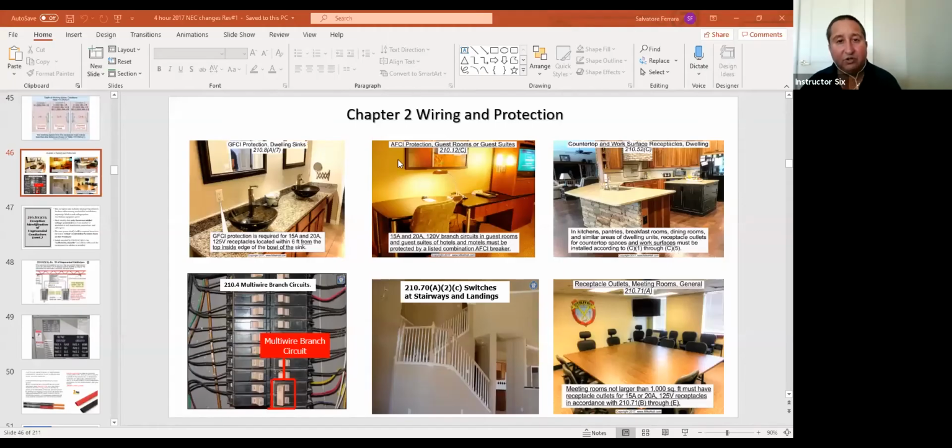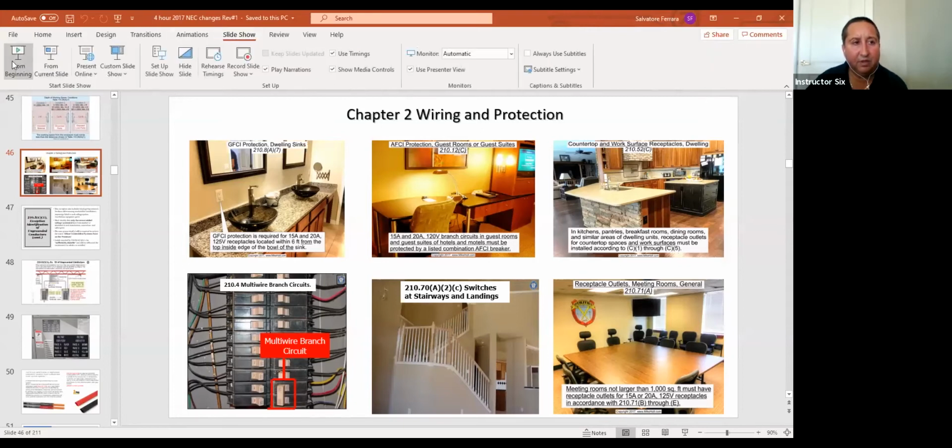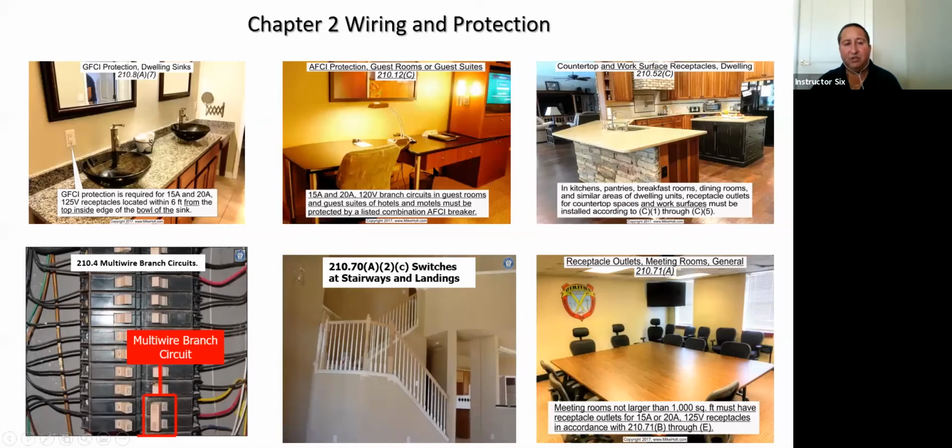I'm going to share the screen, and we're going to go right into it. So here it is, Article 200, and there are certain important things that you need to know about this. So let's go into this, and I'll show you exactly what's important in Article 2, Chapter 2.